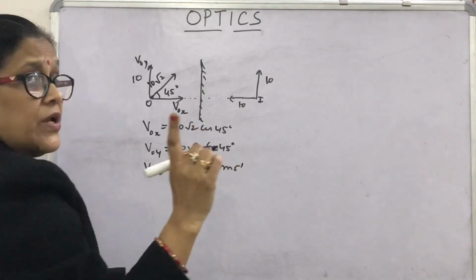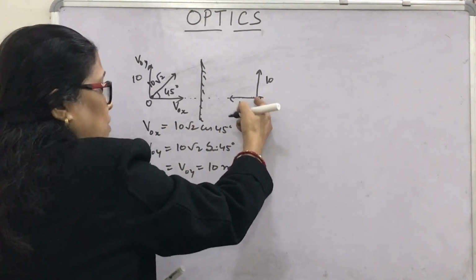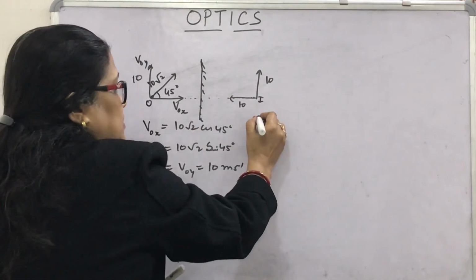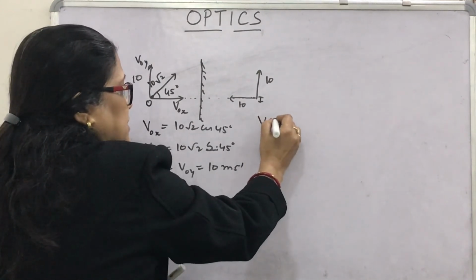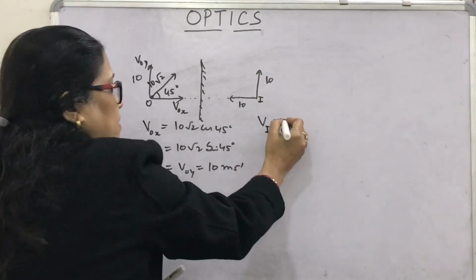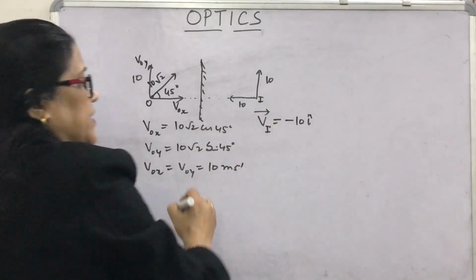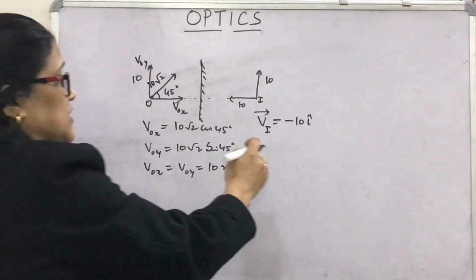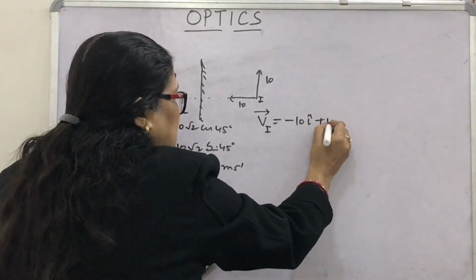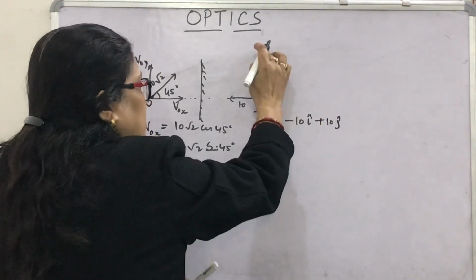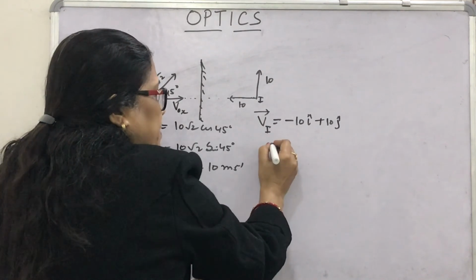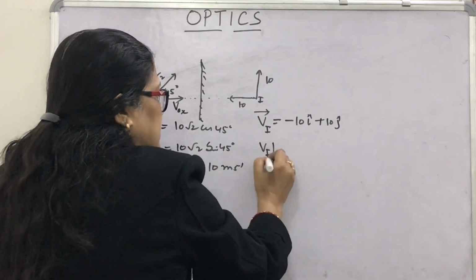What will you write for image coordinates or velocity vector? So the net velocity of the image will be written as minus 10 i cap, if you write in the vector form, the negative x axis, and plus 10 j cap. Look here. Then what will be the magnitude of the velocity of the image?